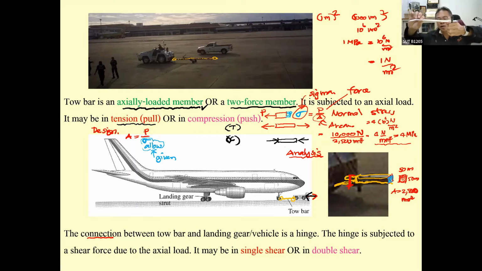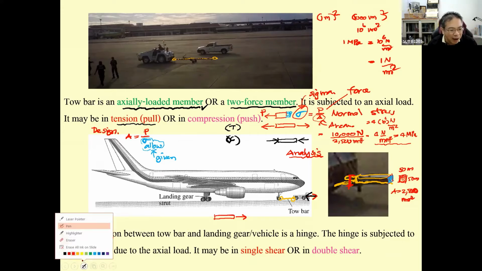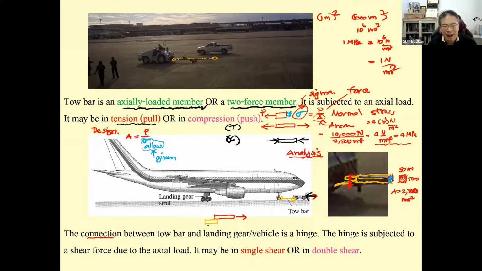By doing this, you may draw this as the tow bar subjected to the force, and this tow bar connects to the part of the vehicle. Then it also has a force occurring over here to resist the pulling force.